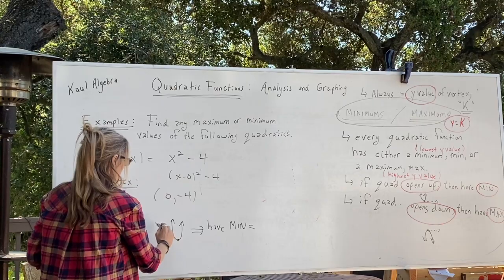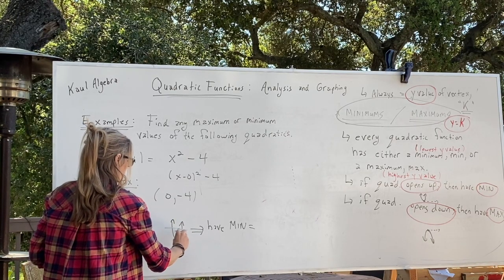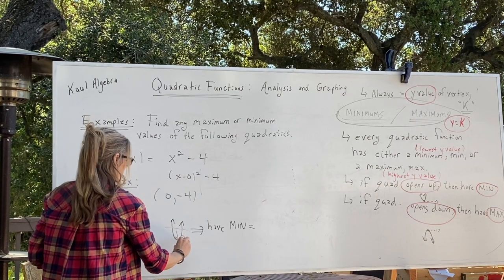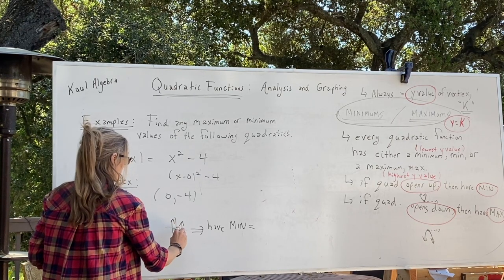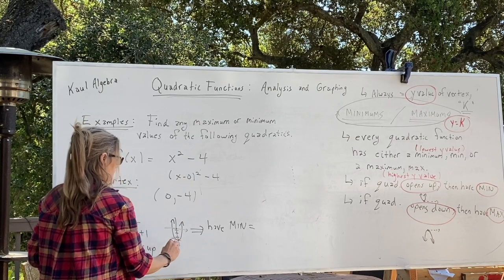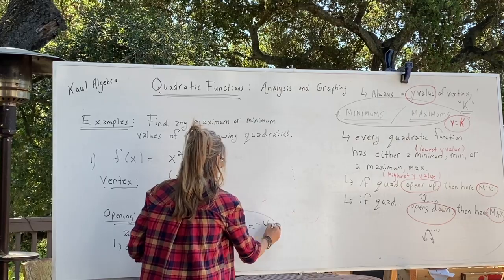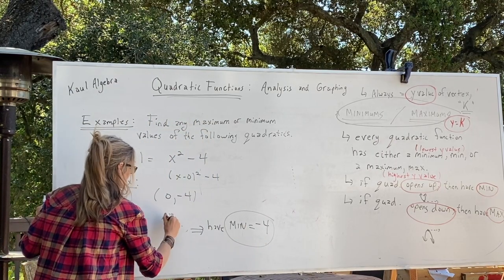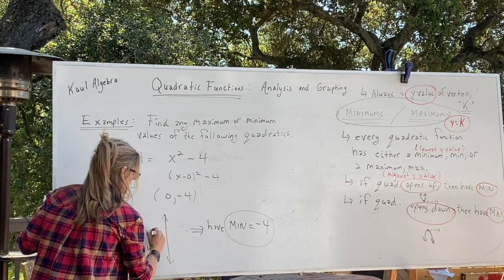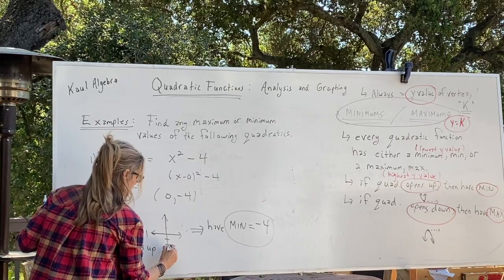So this graph right here is at negative 4. So this is negative 4, negative 3, negative 2, negative 1. Right here. My minimum is equal to negative 4 in this case. I can sketch it out. My sketch is not the best here, so let me emphasize this. 1, 2, 3, 4. Here's my negative 4.